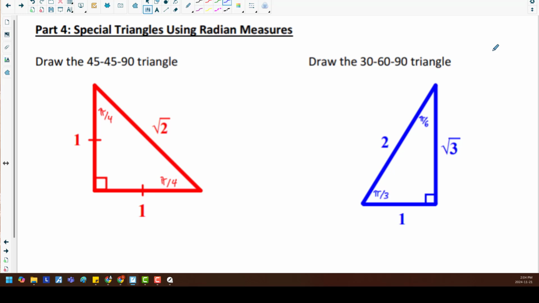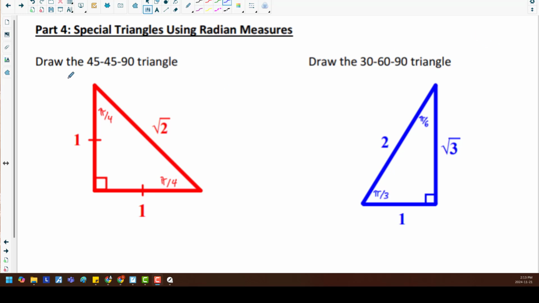One was the 45, 45, 90 right triangle, and then one was the 30, 60, 90 right triangle. And these are special because they gave us exact values when it came to evaluating the trigonometric functions for these degrees.